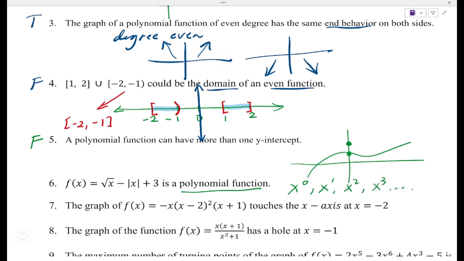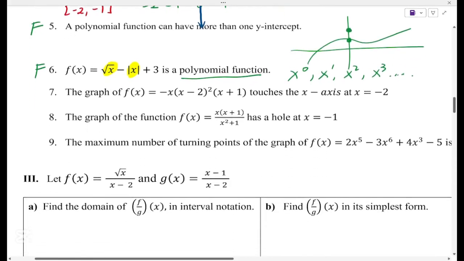And there should be no negative power, there should be no fractional power. So as you can see here, the first term, we can answer this that this is false. This is not a polynomial function because of this square root of x. Because the power of x here is 1/2, and another one is this absolute value of x. This is not a polynomial function.